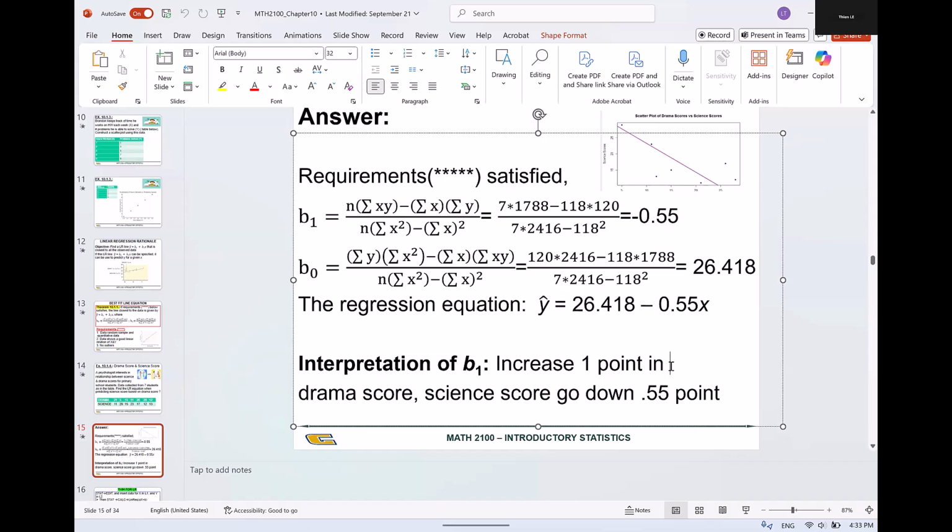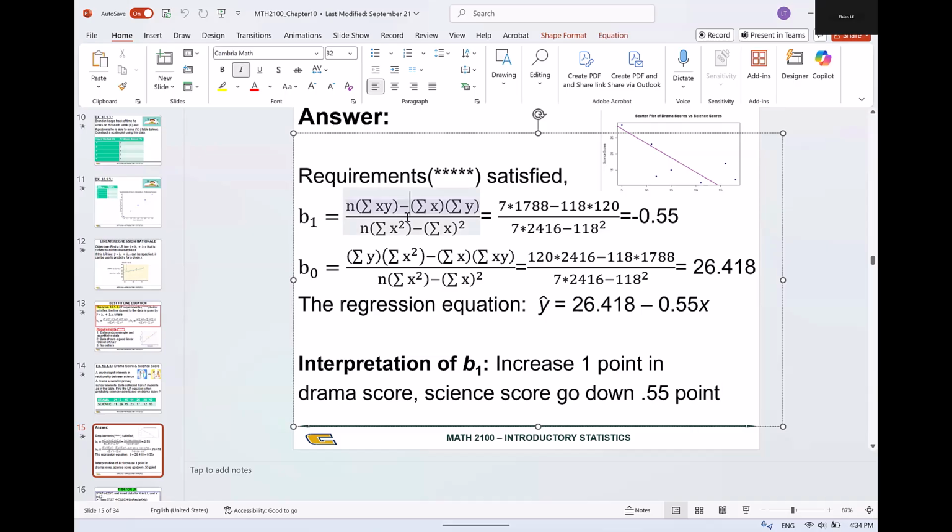The interpretation of slope is that if you increase x by 1 unit, your y will increase by b1 units. So in this case, if you increase your drama score by 1 point, your science score will increase by negative 0.55, or it will go down 0.55 point. Here we see a negative relationship between science score and drama score.